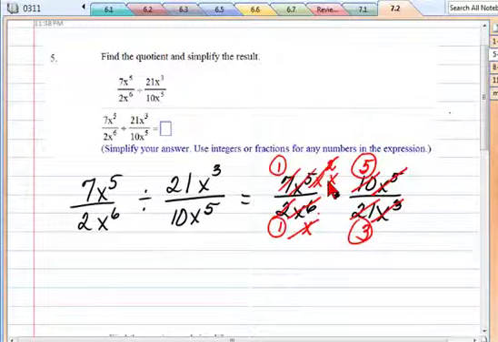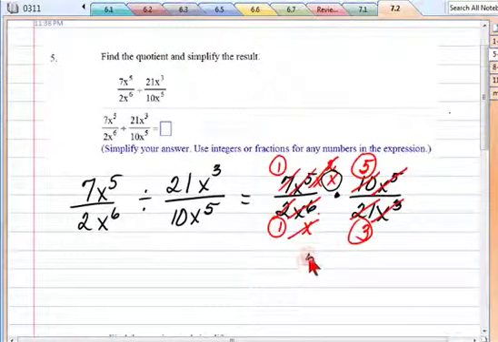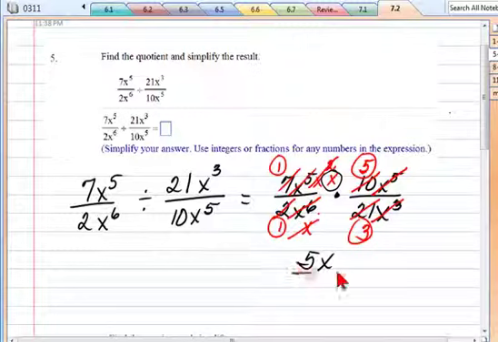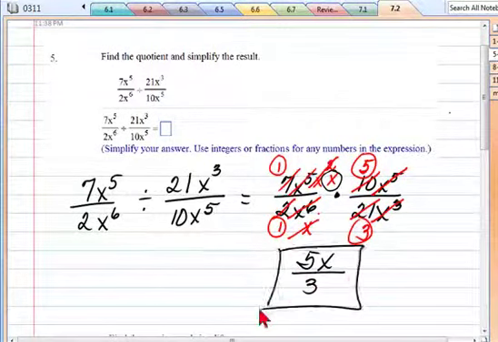So what in the world do I have left? I have 1 times x times 5, which is 5x over 3. Would you get the same answers if you do up and down? Yes. You could do up and down x's and then see if there are any diagonals left.